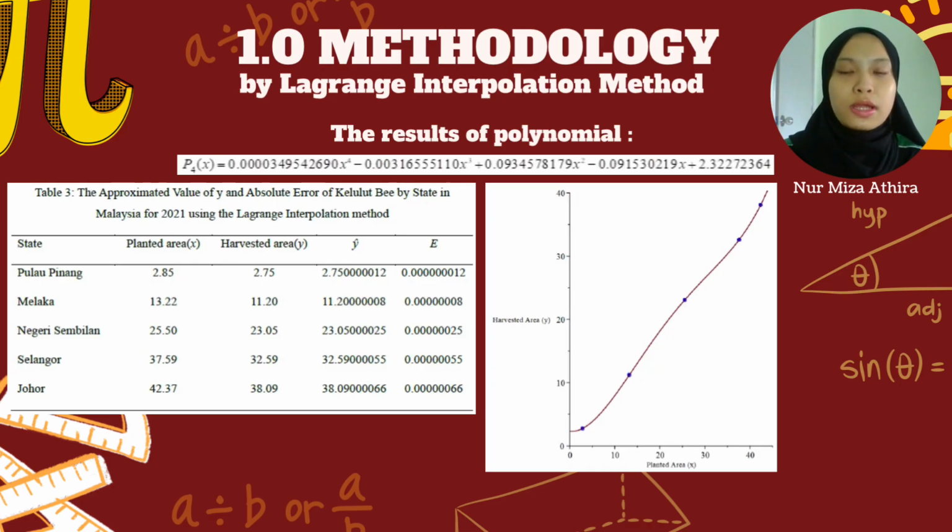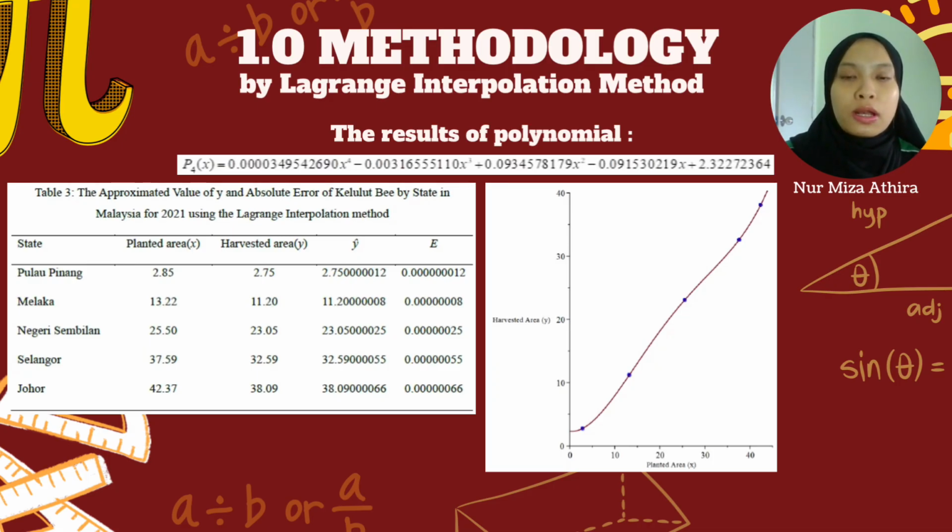Table 3 on the slide shows the result of using the Lagrange interpolation method to calculate the value of absolute error. The approximate values closely match the actual data, with absolute errors ranging from 6.6 times 10 to the power of negative 7 to 1.2 times 10 to the power of negative 8. This is the result of polynomial by using the Lagrange interpolation method.